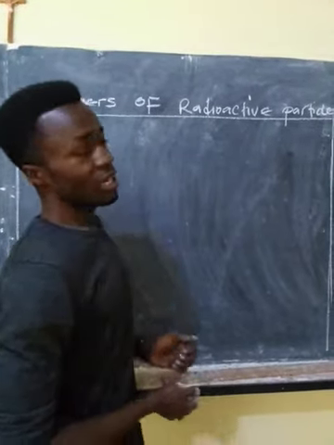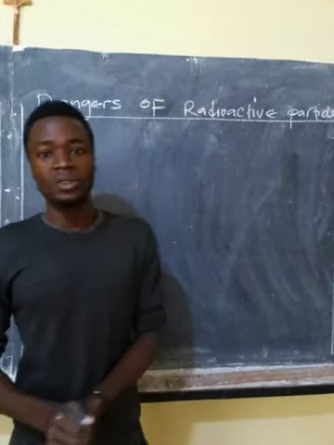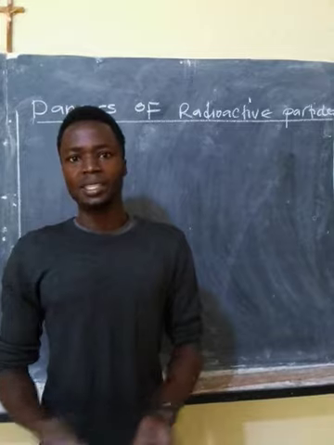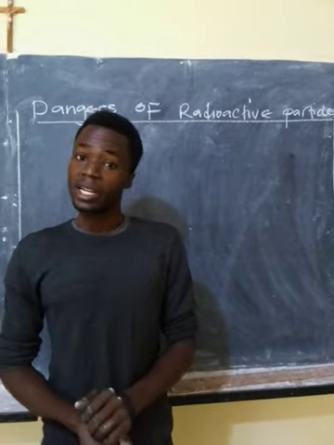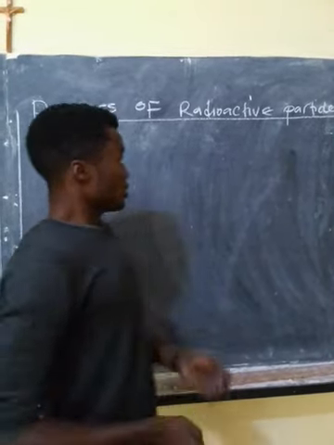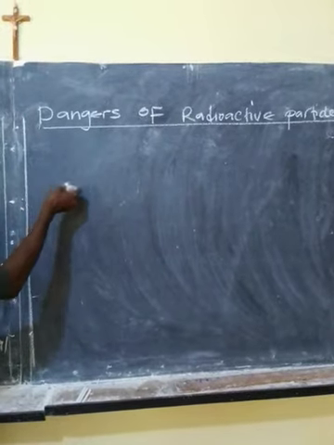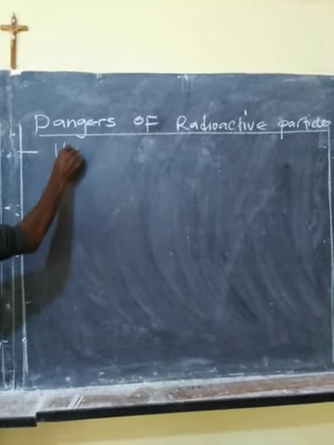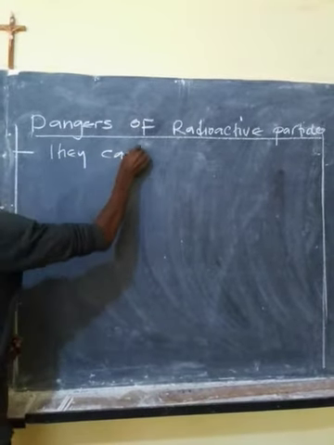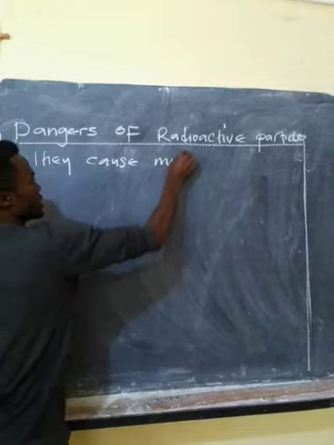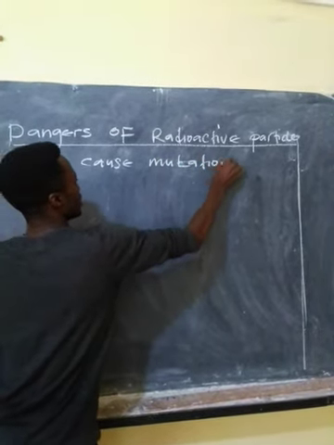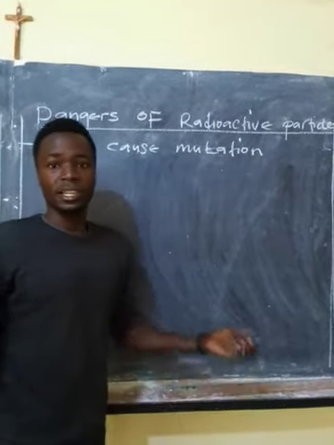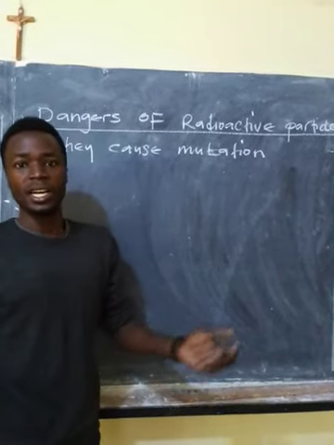In as much as radioactive particles are so useful, they can also be dangerous. So look at some dangers of these radioactive particles. The first one, radioactive particles can cause mutations. You can understand that mutation is just a change in the genetic makeup.